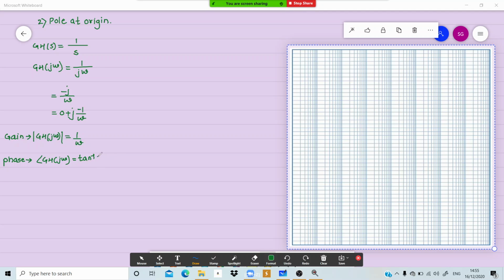Correct? So tan inverse of minus 1 upon omega divided by 0. So it is going to be tan inverse of minus infinity, and tan inverse of minus infinity will be minus 90 degrees. So our interest is in these two things.